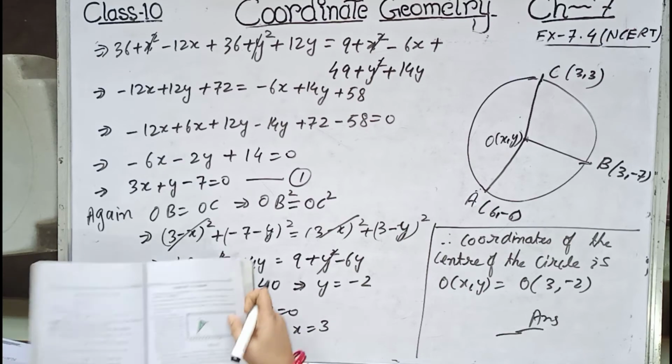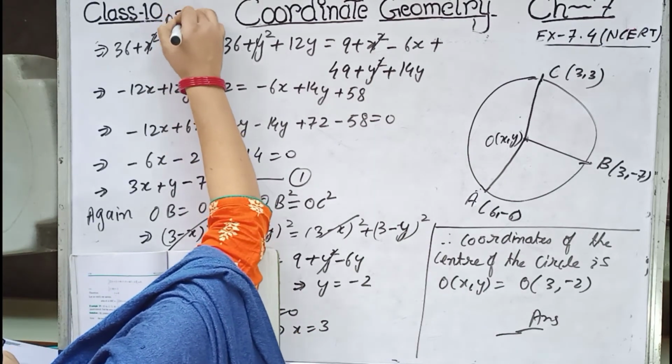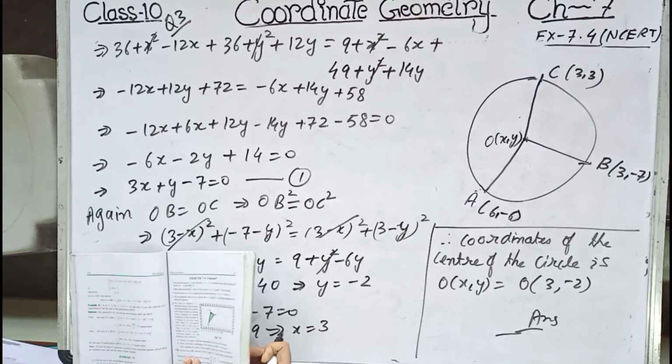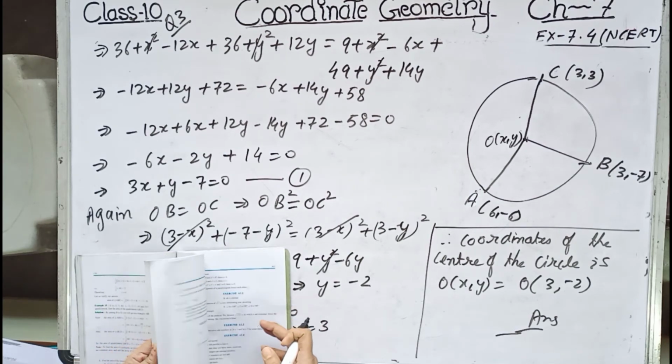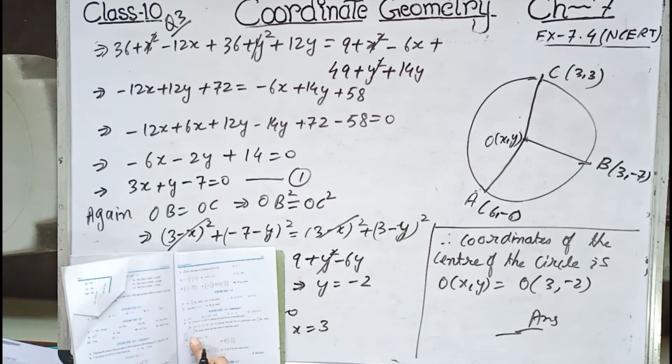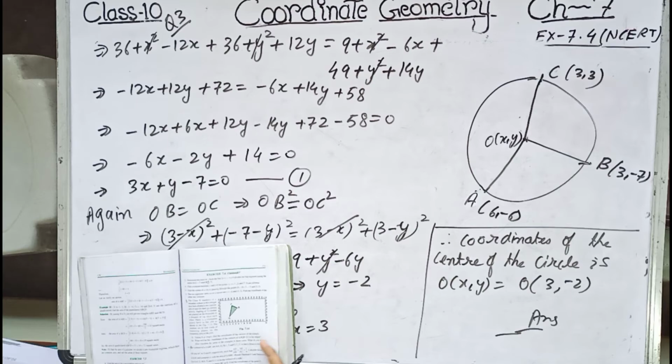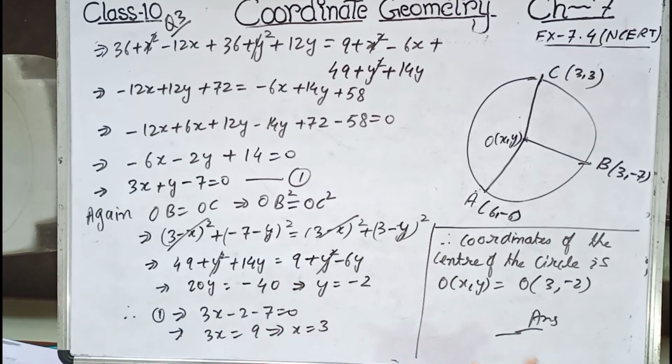Once let me check the answer. This is question number 3, no? Exercise 7.4 number 3. 3, minus 2. Yes. So over here 2 equations I solved because 2 variables we had to get. Solving those 2, you will be getting the value of x and y, and (x, y) is the answer.